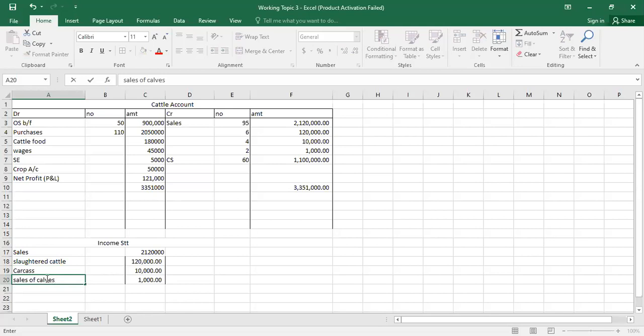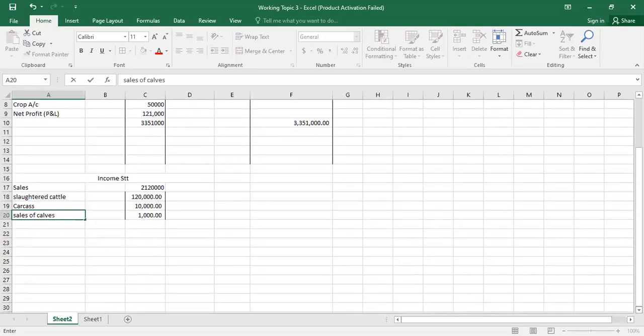Then from there, we are supposed to have the cost of sales. What are our cost of sales? You have the opening inventory, which is 9,000. So you put it in this column. Then we have the purchases, what we purchased.